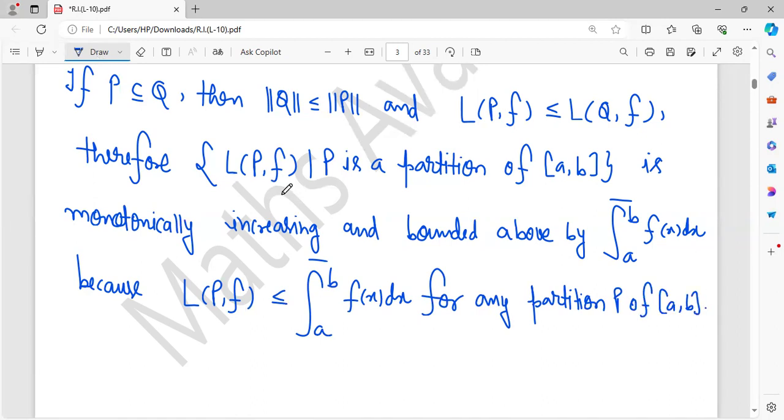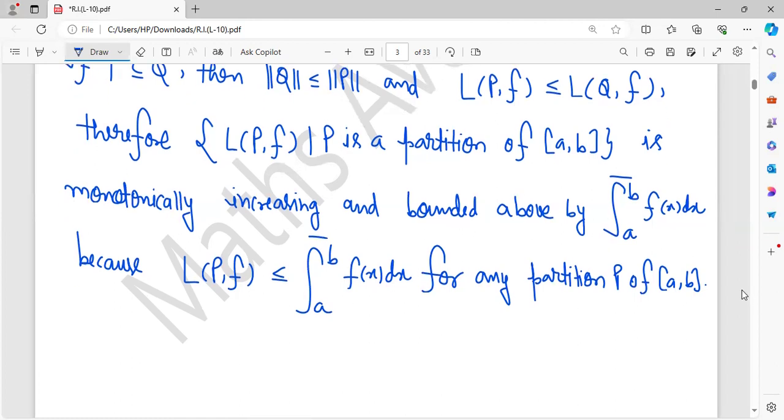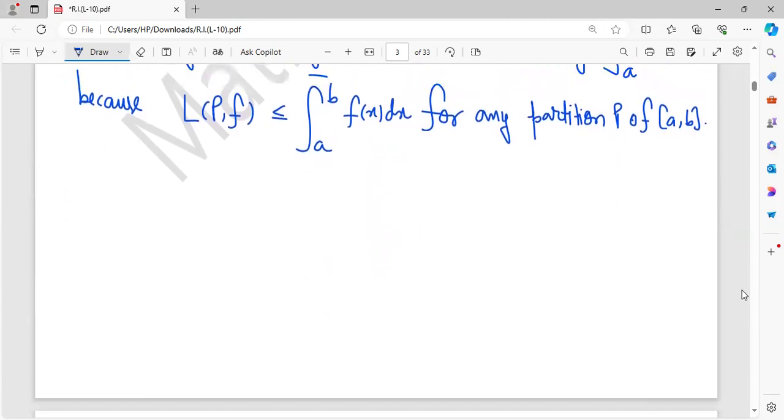By the monotone convergence theorem, this is a set which is monotonically increasing with respect to set inclusion and bounded above.